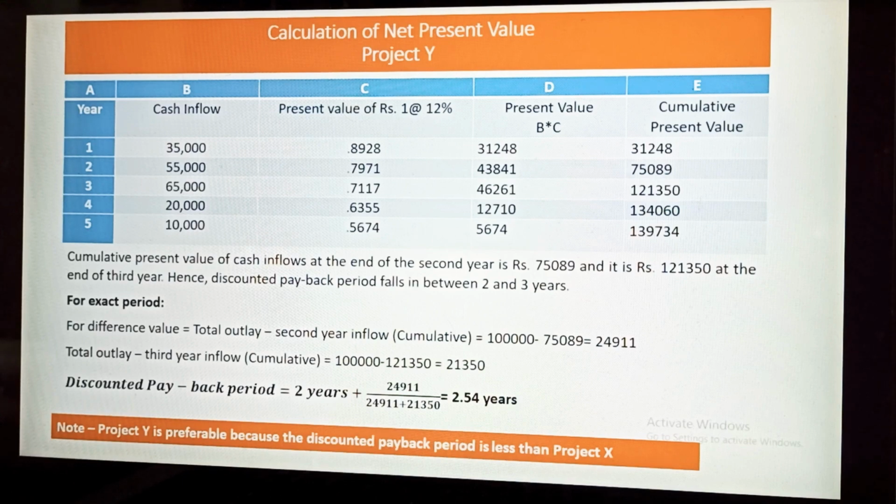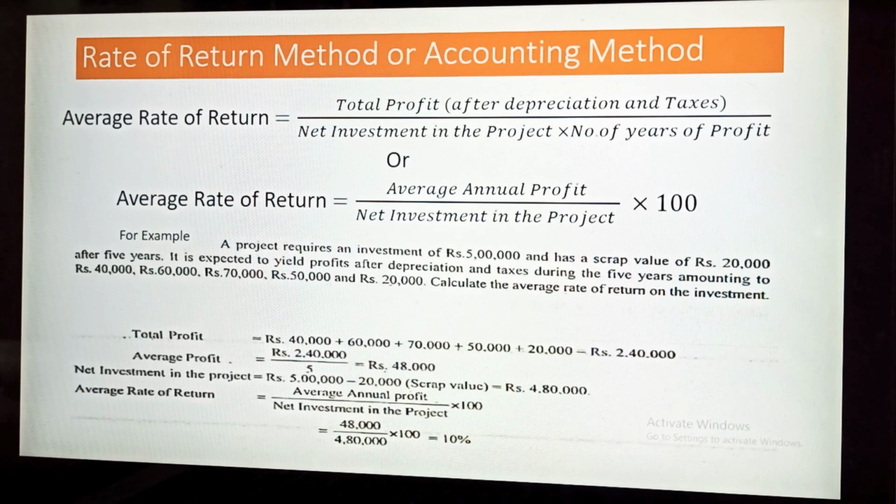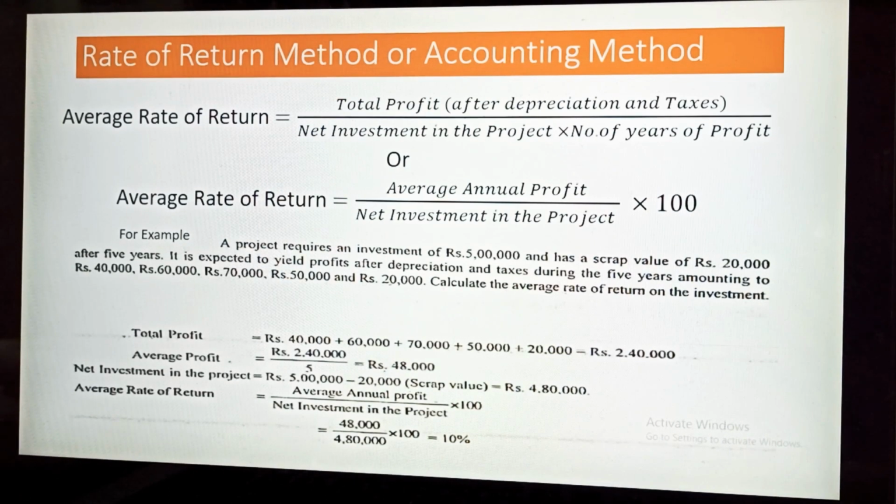So this was the discounted payback period. Now I will discuss the rate of return or accounting method. This is the third type of non-discounted method. This method takes into account the expected earning from the investment over the entire life of the project.